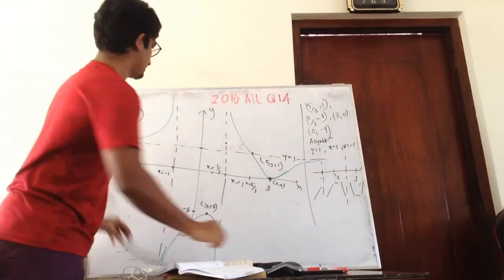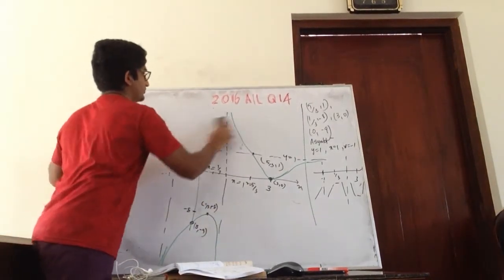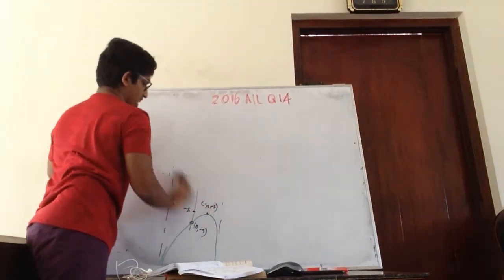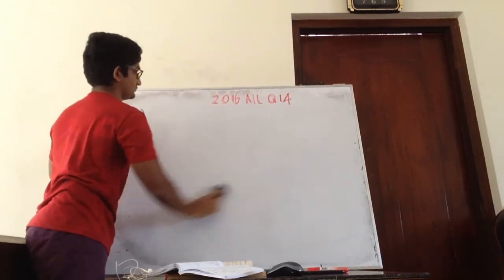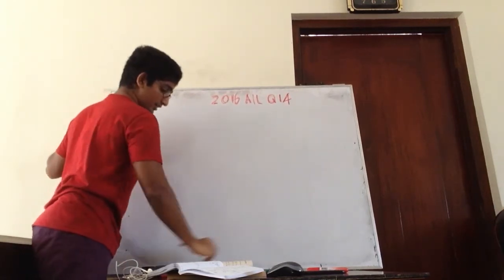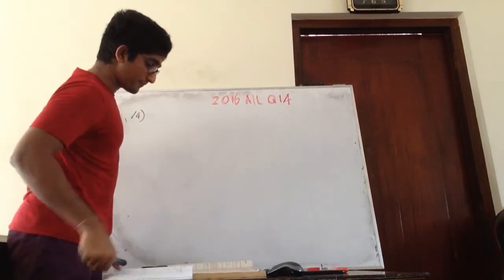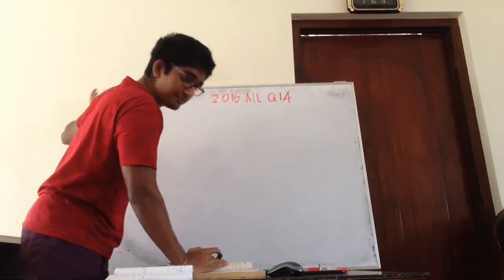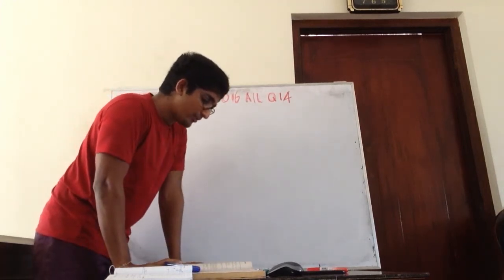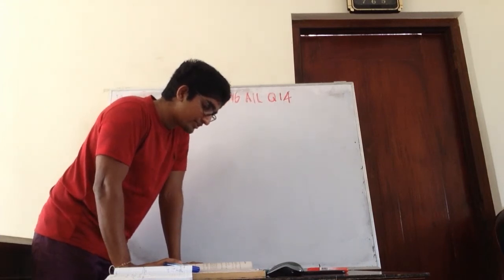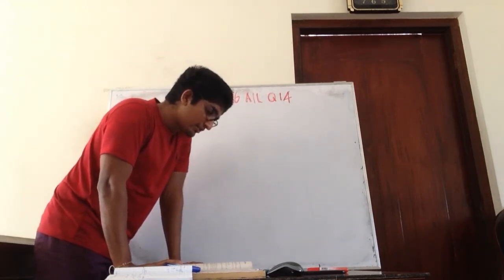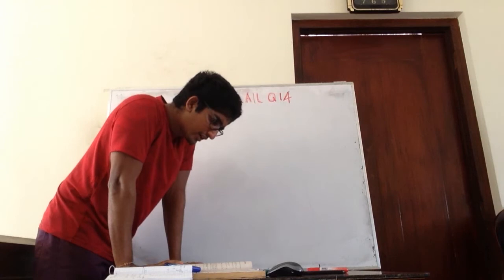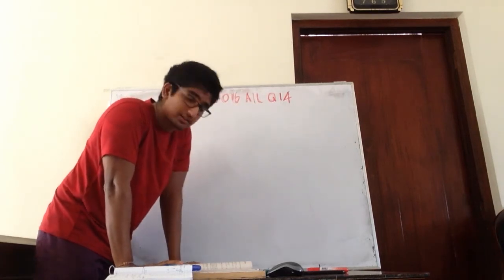Right, so part B. What does part B say? They say a thin metal container in the shape of a right circular cylinder of radius 5r cm and height h cm, and a circular lid of radius 5r with a circular hole of radius r cm.